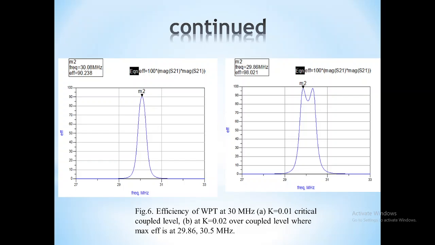Here at 30 MHz, we can see that at coupling factor equal to 0.01, the critical coupled level, the maximum power transmission efficiency is also at the resonant frequency and equals 90%. Whereas at K equal to 0.09, the maximum power transmission efficiency decreases sharply at the resonant frequency, which is the overcoupled level, and the maximum becomes higher at two new side frequencies, as we said, at 29.86 and 30.5 MHz.